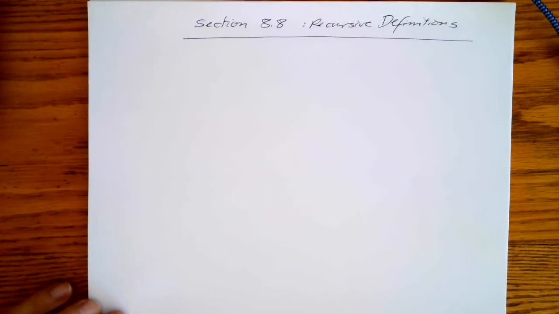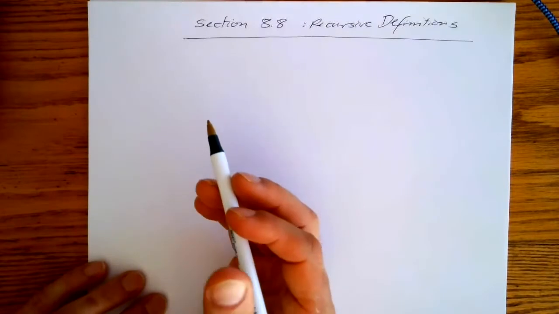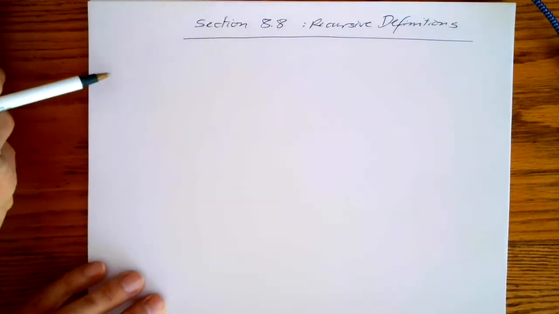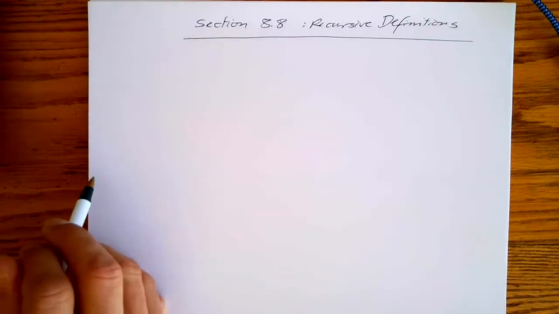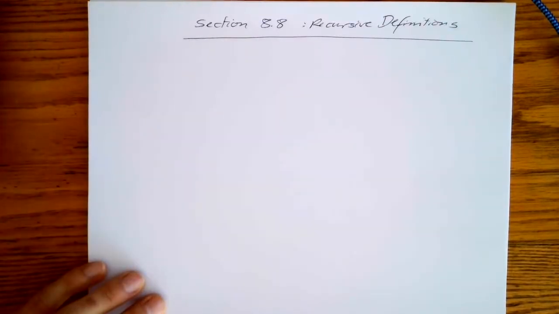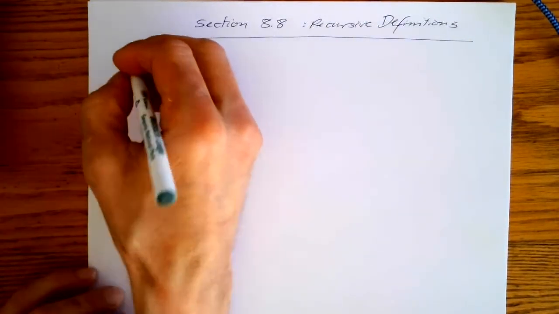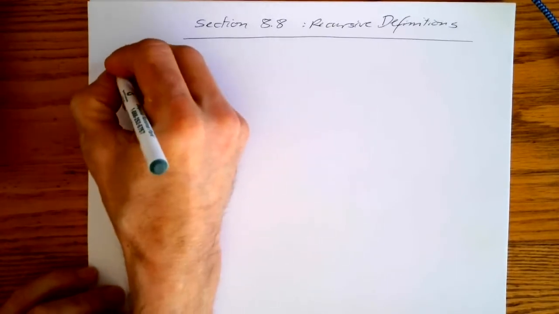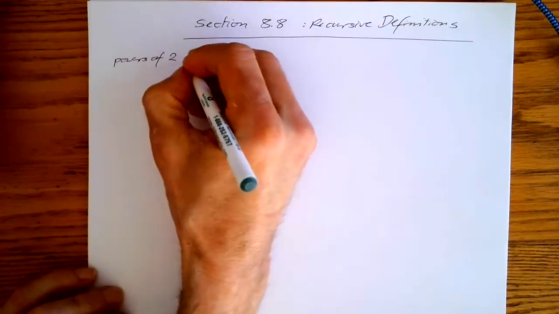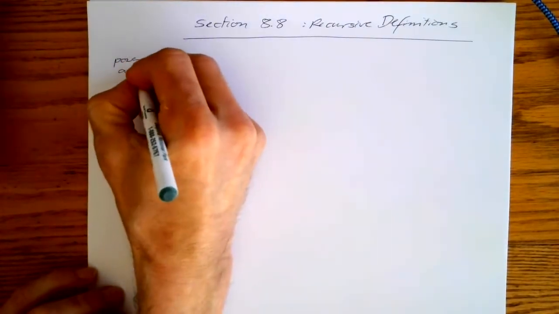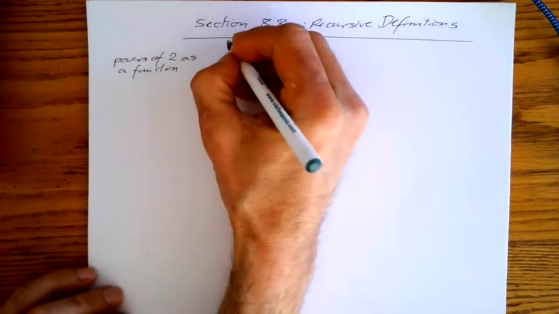Okay. So here is a refresh of different types of recursive definitions we already saw, and let's start with the following examples. Let's say you want to define powers of 2 as a function. You can do it like this.